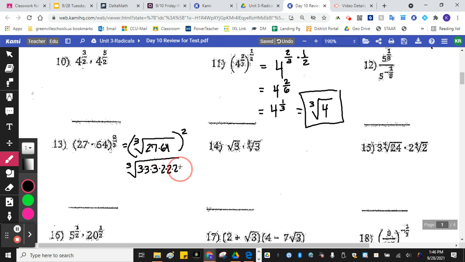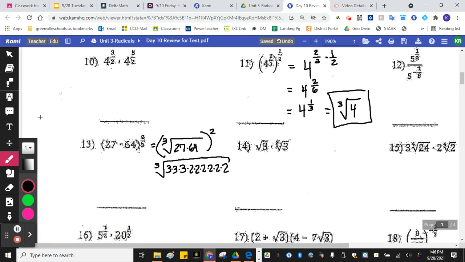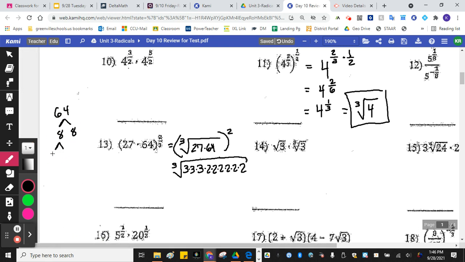Or 6 2s. And that's the factor tree I'm doing. All things being squared.